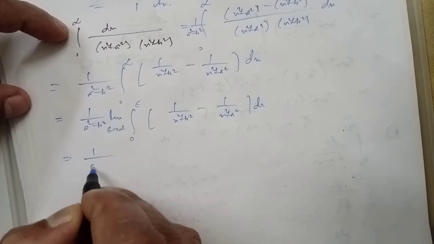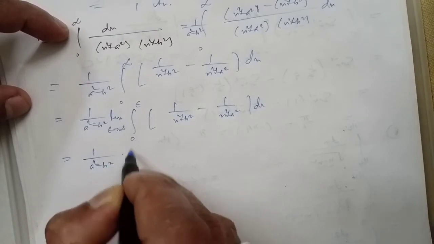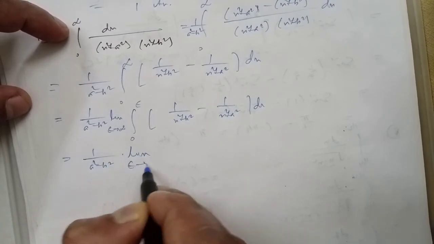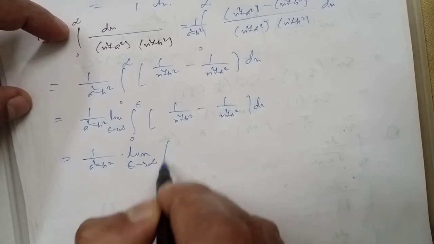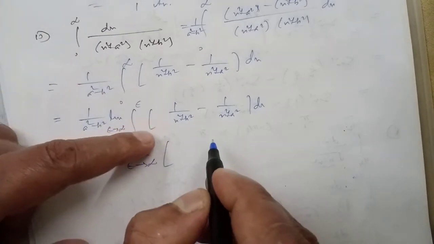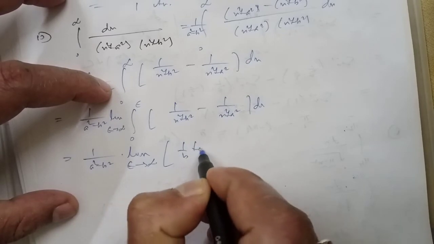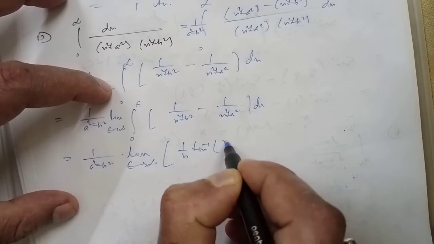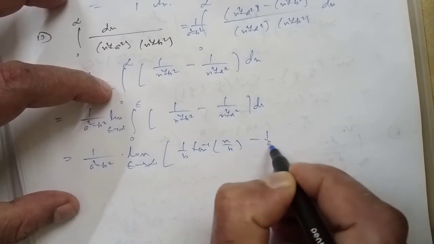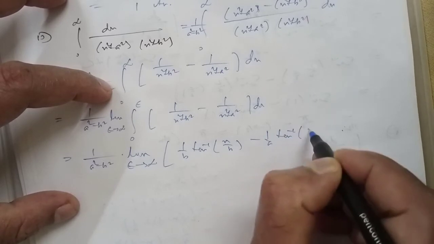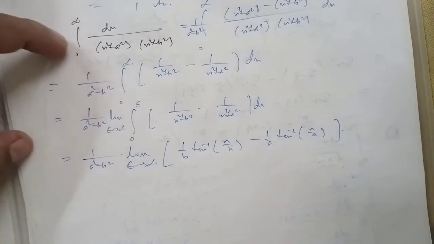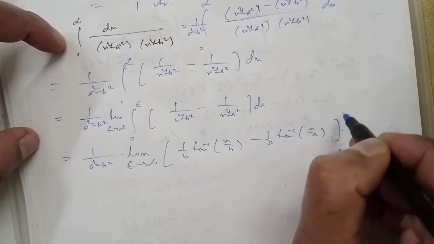Now this becomes 1 by a square minus b square limit epsilon tends to infinity. Now do the integration. This will be 1 by b tan inverse of x by b minus 1 by a tan inverse of x by a, with limits 0 to epsilon.